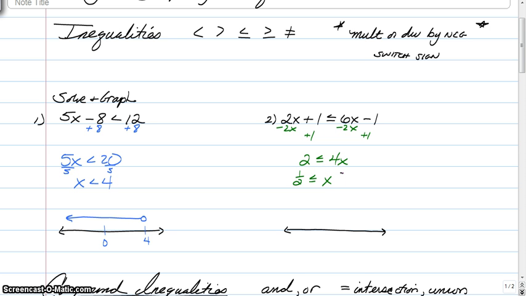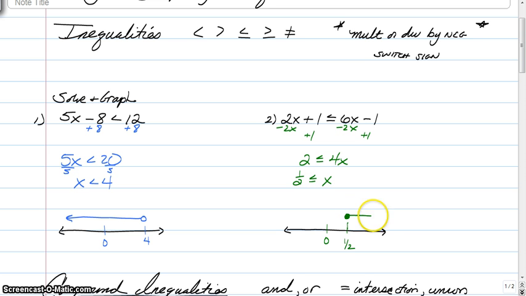So when you graph this, of course, we're going to need a 0 and a 1/2. You would put your solid dot, colored in, because it's less than or equal to, and you would want to point to the left because that's the direction this is pointing. However, like I said, that only works when your variable comes first.